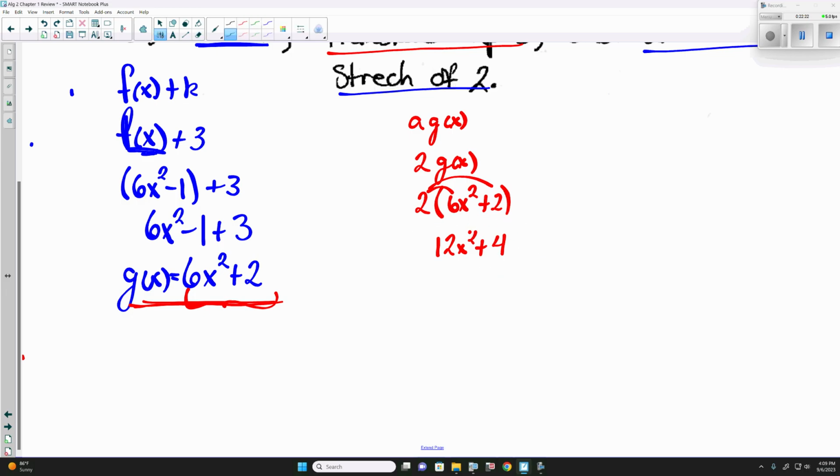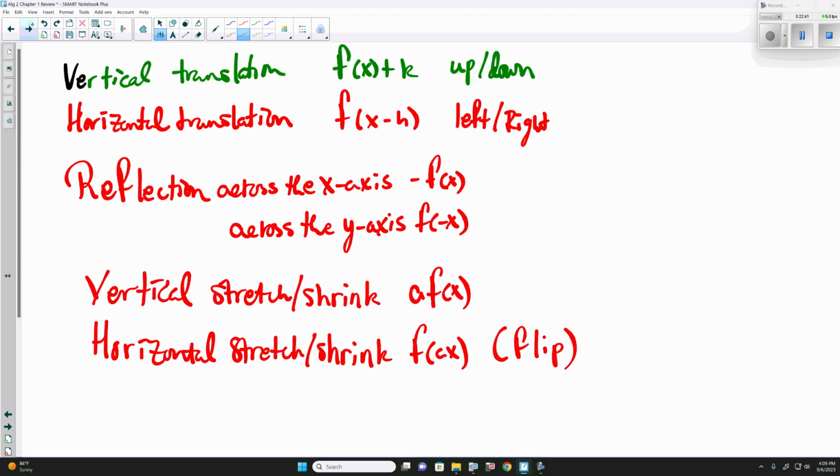Well, we can just call it h of x. And that's it. And whenever we do more than one transformation, we do each one at a time and go from there. What we call it isn't as important as what we do or apply it.